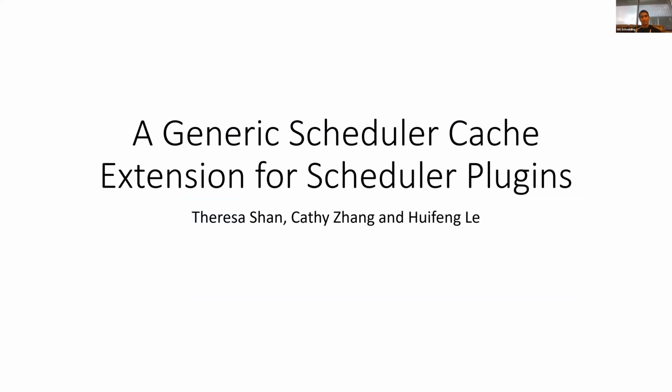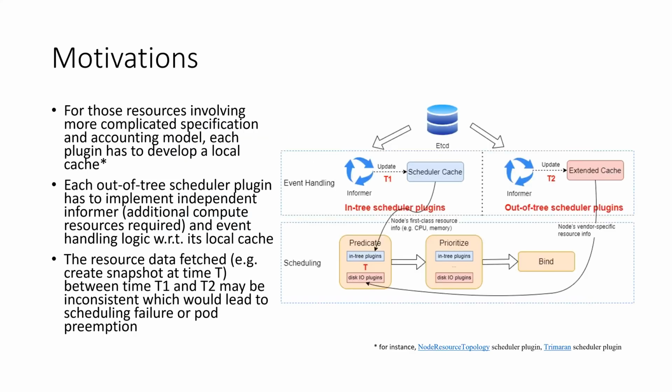Okay, good. It will be short. I'm going to go through the generic scheduler cache extension for the scheduler plugin and why we need to do this. First, the motivations. We found that each out-of-tree scheduler plugin needs to store some resources in a cache, especially if those resources involve complicated specification and accounting models.